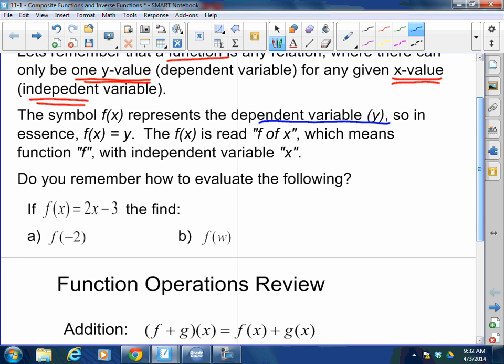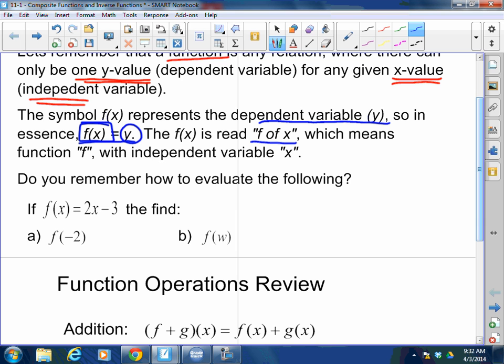Why do they change it? Because it's called function notation. It's a little fancier, basically. But f of x does equal y. The whole value, this whole f of x, is the same thing as saying y. You read f of x as f of x. Please remember what it means.